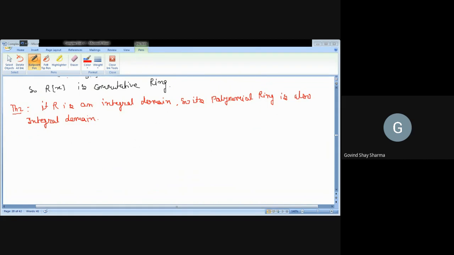Now we take two elements from the polynomial ring and we will show that their product will be 0 only if one of them is 0 or both are 0.